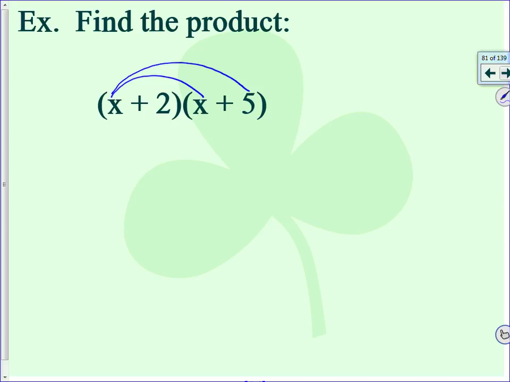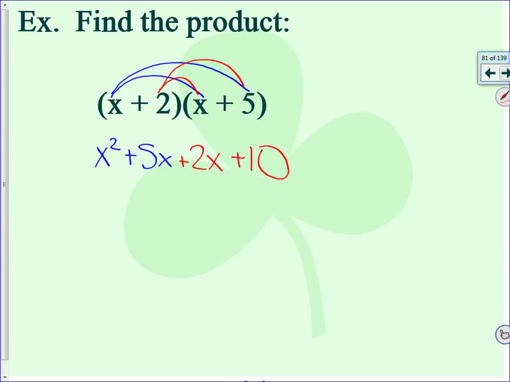So now, I'm sorry, Denise, what do I get when I distribute the x to the x? X squared. And how about the x to the 5? Plus 5x. Good. Now I have to distribute the 2 to everything behind it. So 2 times x, and then 2 times 5, 10.